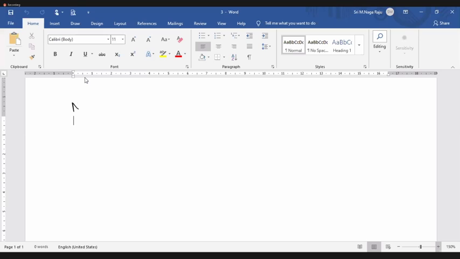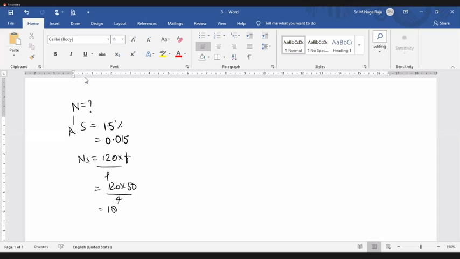We are asked to find the motor speed N value. The slip value is given: 1.5%, that is 0.015. We can find the Ns value, 120 times f by P, so 120 times 50 by 4 poles, 1500 RPM.